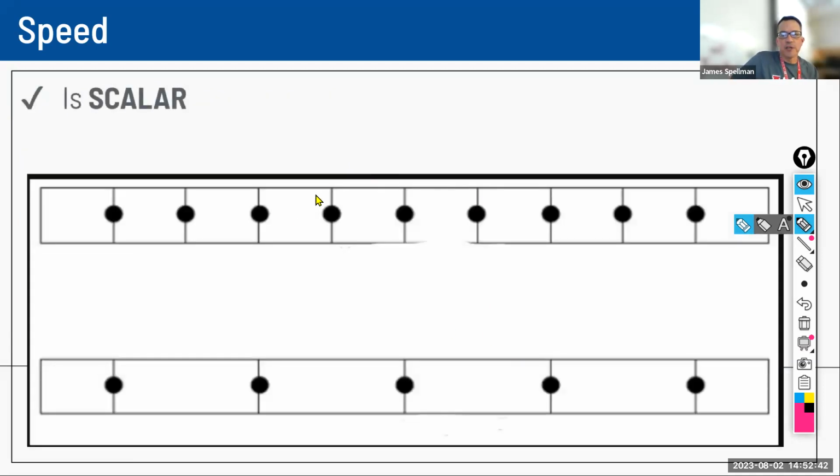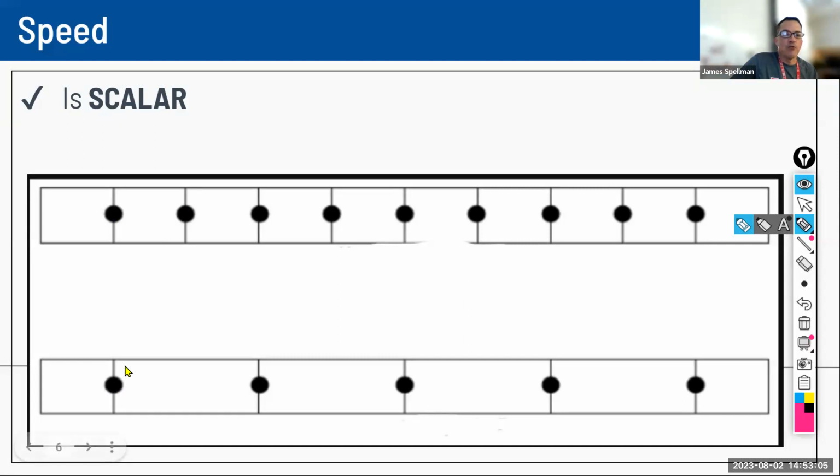If you looked at something like this piece of paper, and if an object was moving and it was dropping a dot at the same amount of time, I'll say that these dots were dropped every second, and you're asked which one of these two would be going faster, or are they going the same speed? The one at the top would be going slower because every 1 second it's only traveling this distance that my arrow is showing.